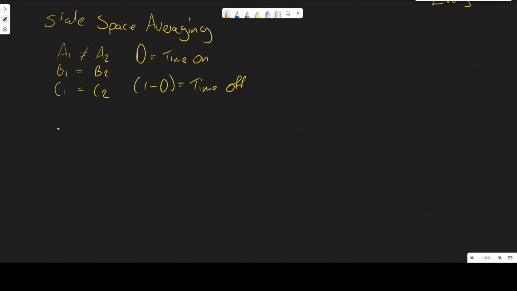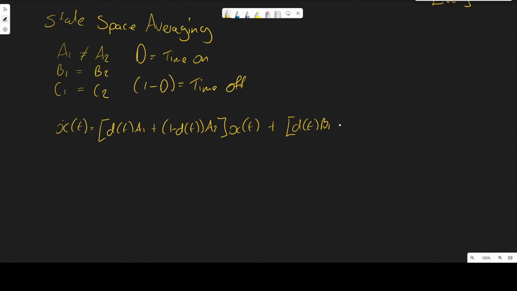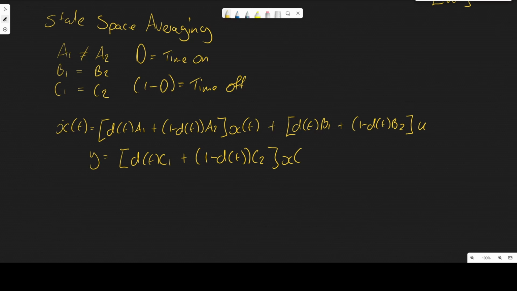Now we can write the average state space equations as x dot of t equals the duty cycle multiplied by the A1 matrix, plus 1 minus d multiplied by the A2 matrix, the state x, and the same for the input: the duty cycle, B1 matrix, plus 1 minus the duty cycle, B2 matrix, and the input, which is Vs. The same for the output, d times the C1 matrix plus 1 minus d times C2, and the states x.